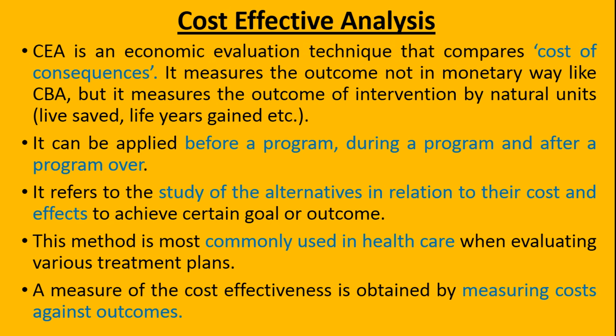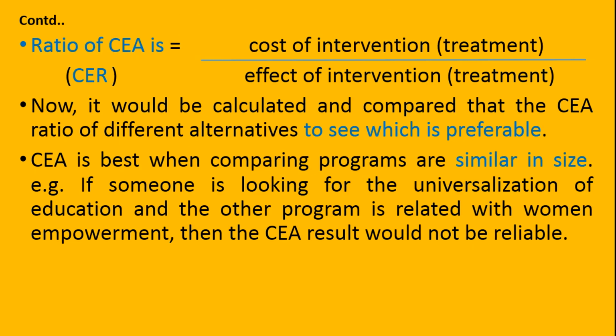A measure of cost effectiveness is obtained by measuring cost against outcomes. The cost effective ratio can be calculated by dividing the cost of intervention or treatment by the effect of the intervention or treatment. It would be calculated and compared across different alternatives to see which is preferable. Cost effective analysis helps to select the appropriate alternative.